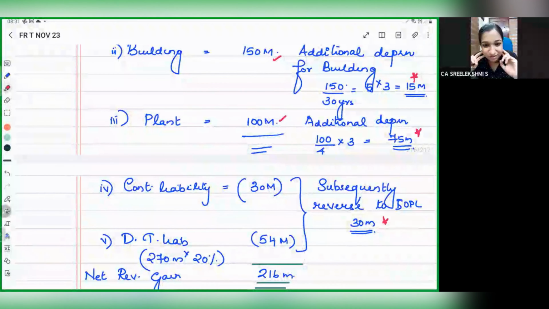Then what about this 30 million reversed to P&L? It's like an income reversed to P&L. So I'm writing here a note.